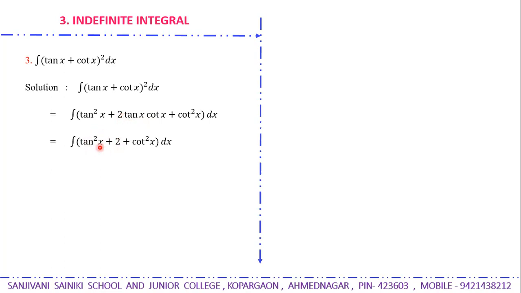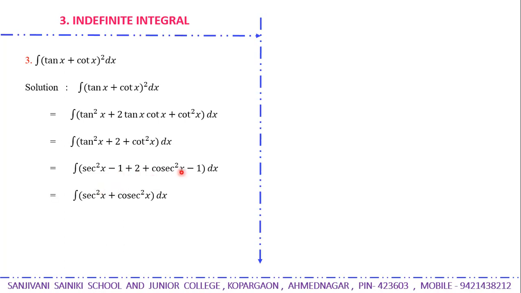Again, tan square theta: we don't know the integration of tan square x. So what we will do, we will convert this tan square into sec square by 1 plus tan square theta is equal to sec square theta, and 1 plus cot square theta is equal to cosec square theta. Using that formula we will come to this step.